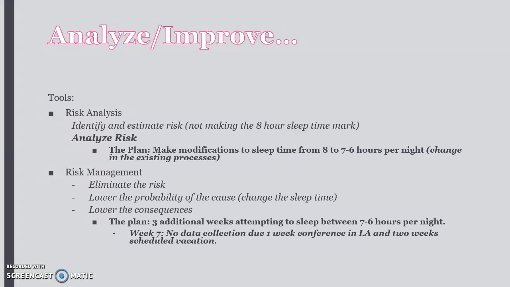And then, to eliminate the risk, lower the probability and lower the consequences of not sleeping, I wanted to apply an additional 3 weeks of data where I slept 7 to 6 hours. Unfortunately, for week 7, no data was collected due to me having to go to LA for a conference. And then right after I got back from LA, I went on vacation for 2 weeks to visit family for the Thanksgiving break.